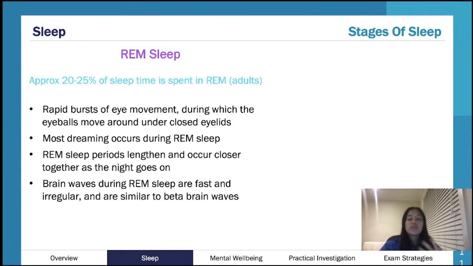You will see it in a lot of textbooks, and you might see it in some older past questions. But it's something you can have a read of, not something that is super important. Ultimately, the way that an EEG can figure out what stage you're in is based on how fast your brain is moving, or the electrical activity.